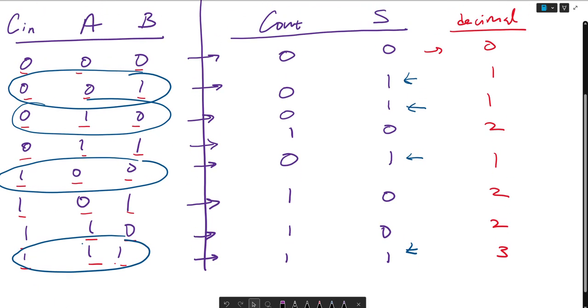And if A, B, or C in are 0, we say they are a complement.